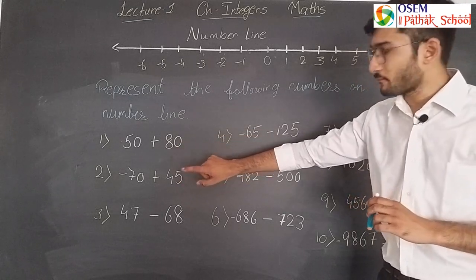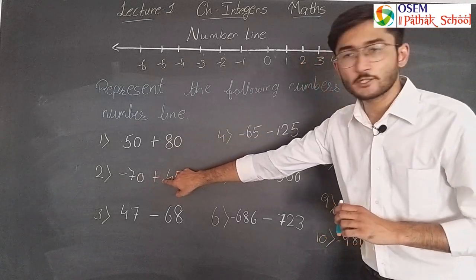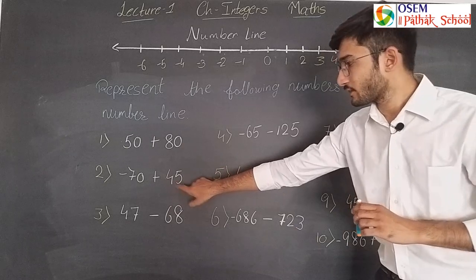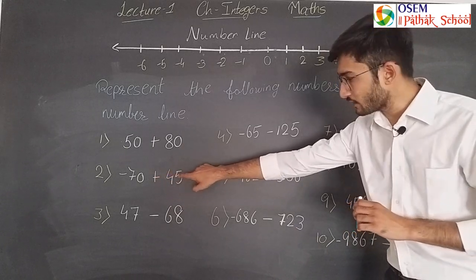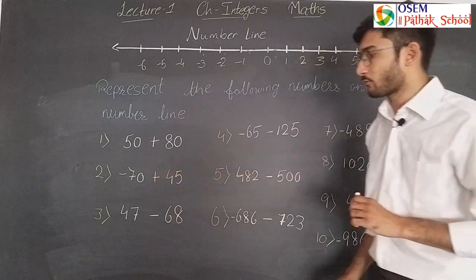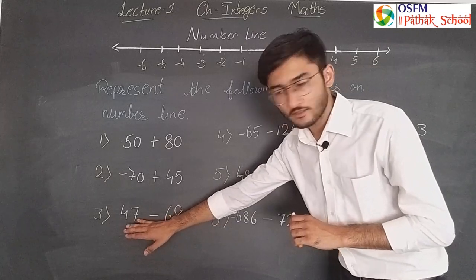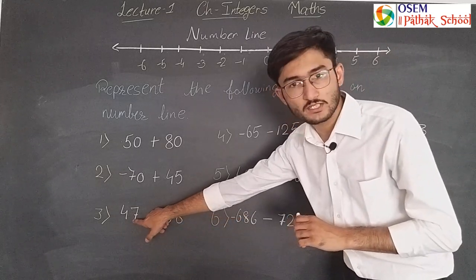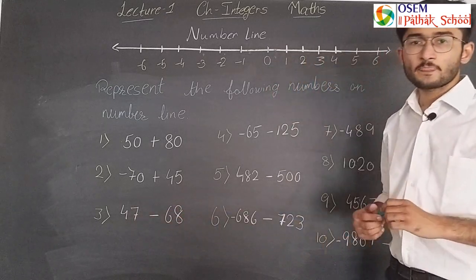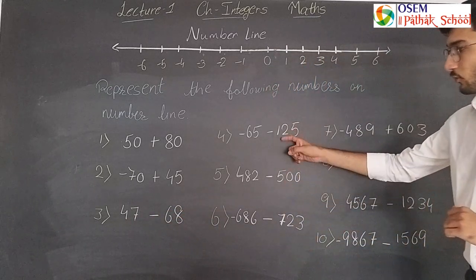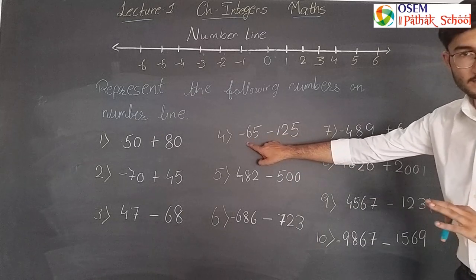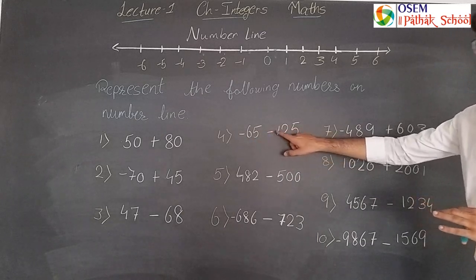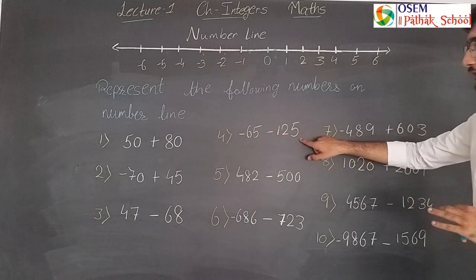Second one, minus 70 added to 45. Here one is a negative integer and one is a positive integer. Third one, 47 minus 68. Here one is a positive integer and the next one is a negative integer. Fourth, minus 65 minus 125.